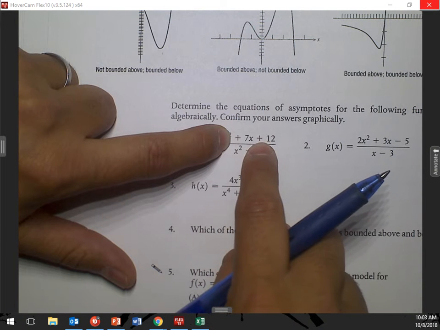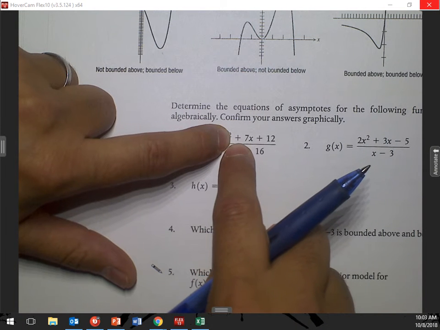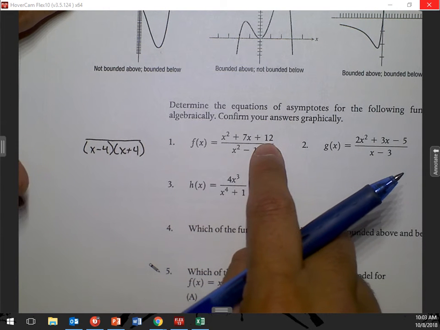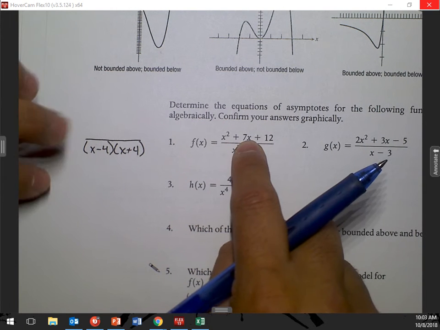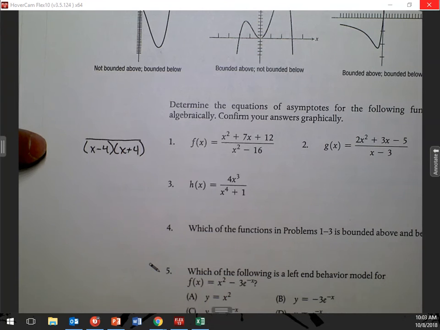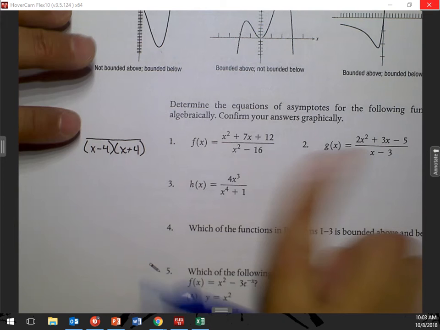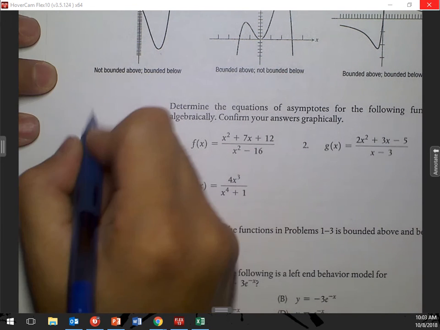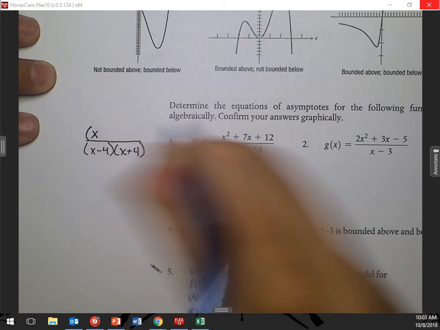So the signs are the same, and they're both positive. Given this much information, what are the factors of 12 that add together to be 7? 4 and 3. Positive 4, positive 3. So it will be x plus 4 and x plus 3.